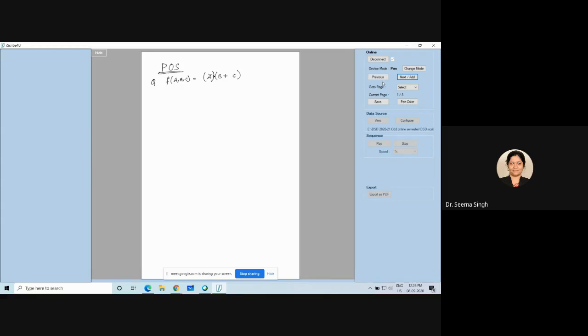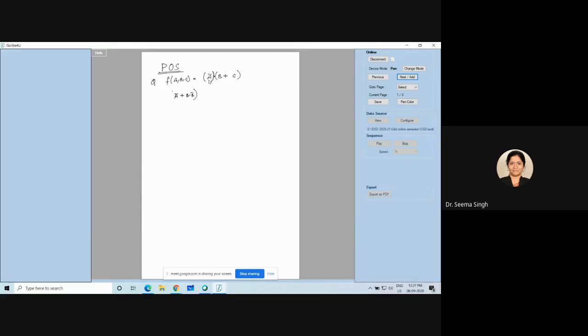Now, as it is a 3 variable equation, we need to see that each term has all the 3 variables. So let us start one by one. In this A bar, I don't have B as well as C. So I will take this A bar and OR it with B dot B bar.